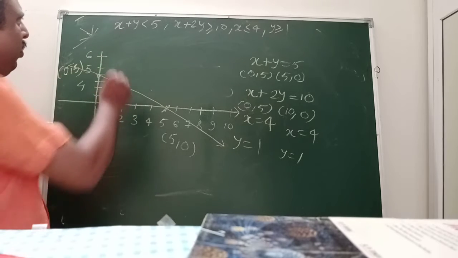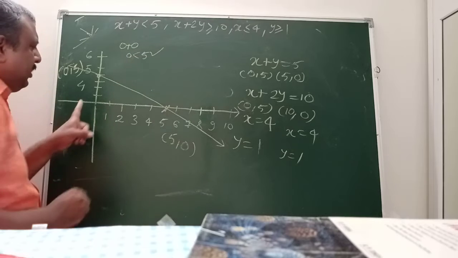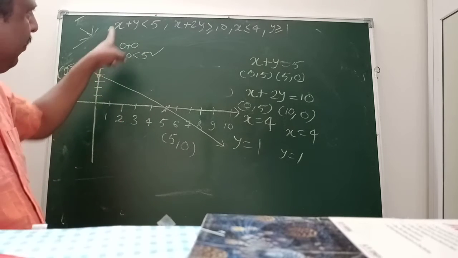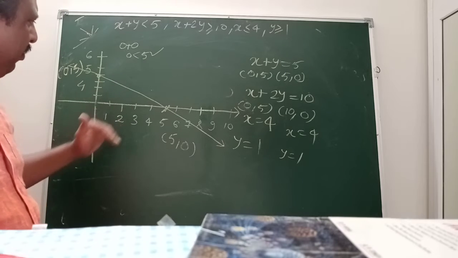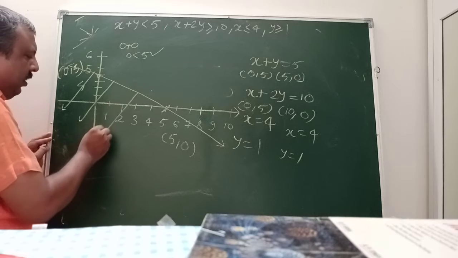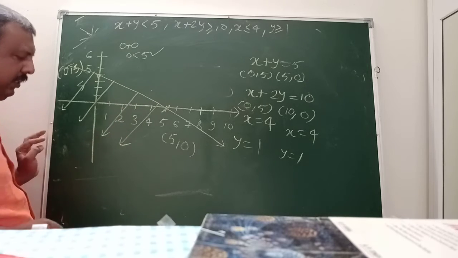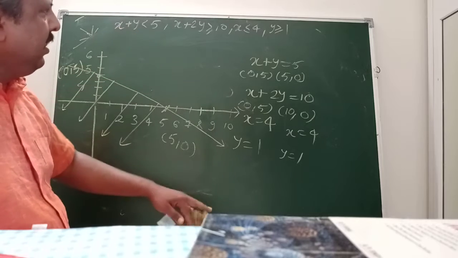So 0 plus 0 is equal to 0, and 0 is less than 5. This is satisfied, and this origin is a solution on this side. Therefore the downward portion of the line will be the solution. I hope it is clear to you from class 11th, but I am revising the thing.